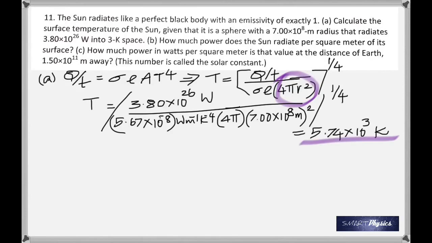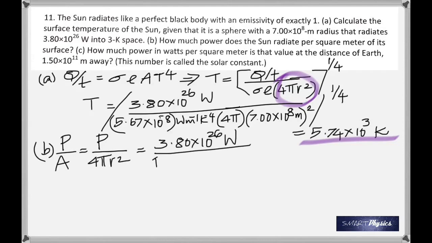In the B part, how much power does the sun radiate per square meter of its surface? Power is Q by T. And it's per square meter, so you have to find P divided by A, and that would be P divided by 4 pi r squared.